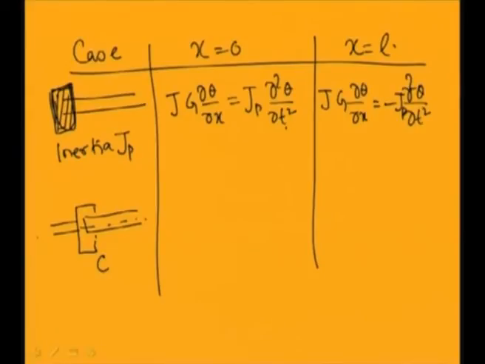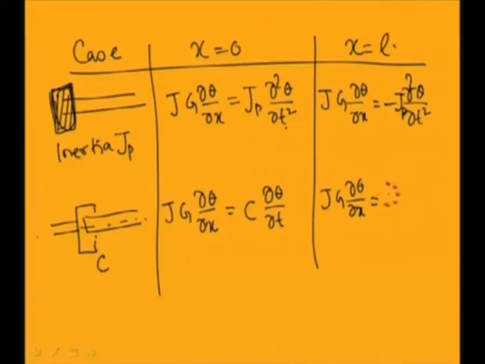So the force at the left end, G J del theta by del x, will be equal to C del theta by del t. Similarly, at the right end, G J del theta by del x will be equal to minus C del theta by del t.